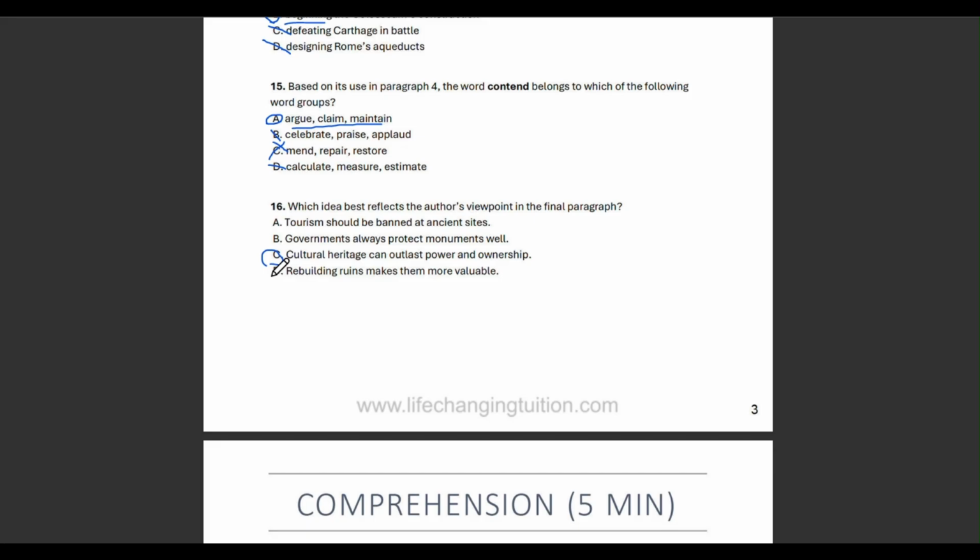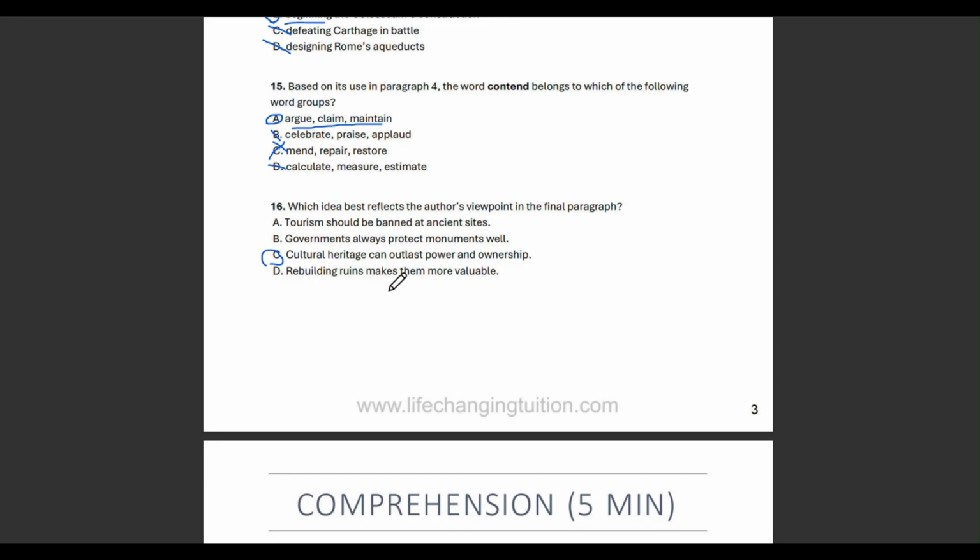The final paragraph says that heritage, like the culture and memory of the past, can outlast rulers and owners, and that beauty and memory survive longer than the hands that built or taxed them. This means that culture and memory last longer than political power. So the answer to question 16 is letter C.